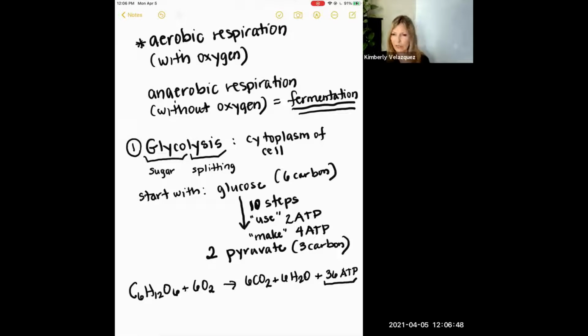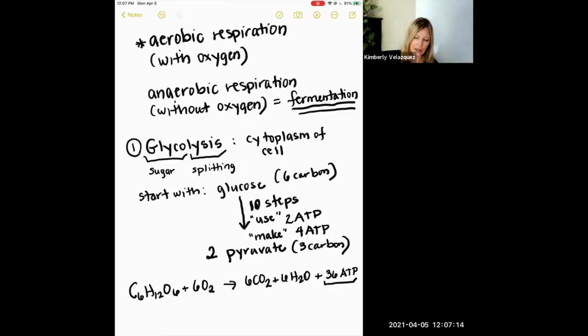Some books will say 36 to 38. Realize that this is just on average. But it is the number that I'm going to use today. It's the number that most textbooks use just for accounting purposes. But realize that's just an average. Every cell does it a little differently. Every person does it a little differently. It might not be the exact same every time, but on average, we make 36 ATP for every 1 glucose.